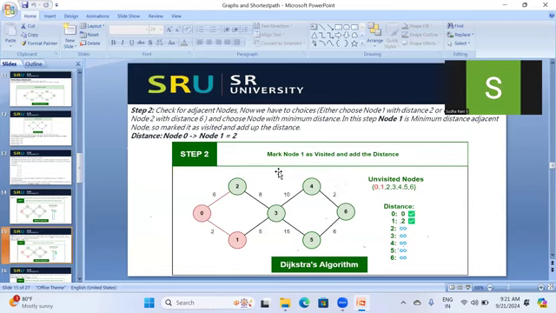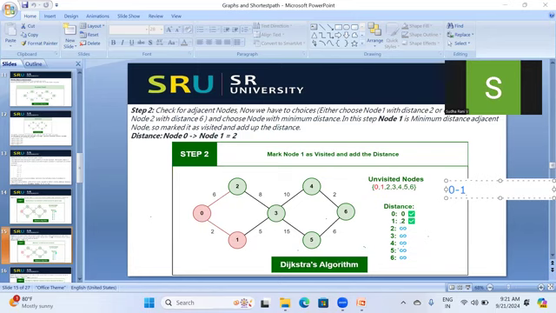Right. Now we completed the traversing of 0, and we are moving to 1. Obviously we take the sequence order, so after 0 we are traversing to 1. So now we are traversing from 0 to 1.